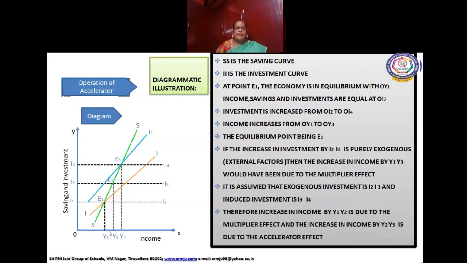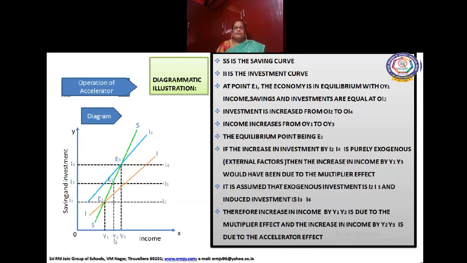The increase in income from Y1 to Y2 is due to the multiplier effect, and the increase in income from Y2 to Y3 is due to the accelerator effect.